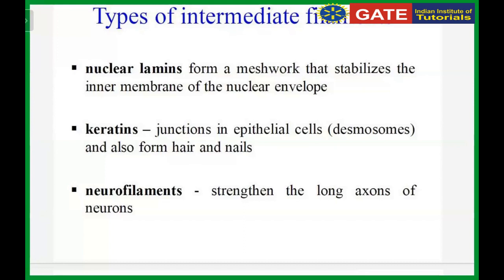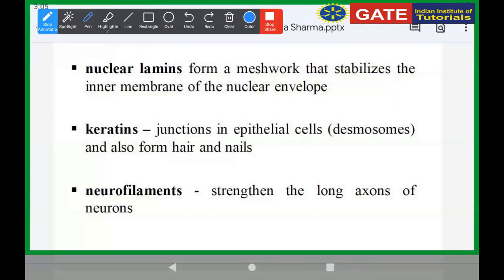So the nuclear lamins form a meshwork that stabilizes the inner membrane of the nuclear envelope. That gives specific stability to the nucleus. If there were no nuclear lamins, the nucleus would undergo irregular shape inside the cell. That's why nuclear lamins give a spherical structure to the nucleus.